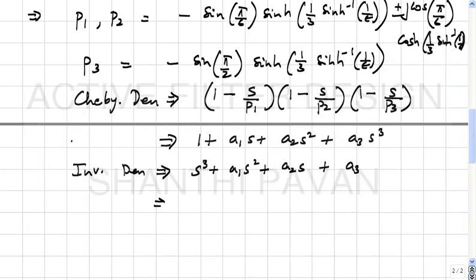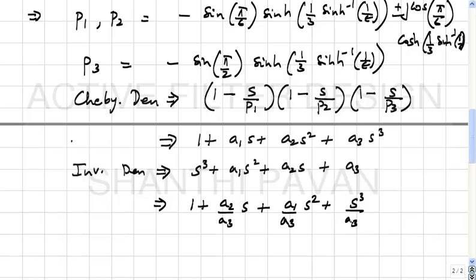You can divide throughout by A3 to get 1 plus A2 by A3 times s plus A1 by A3 times s square plus 1 by A3 times s cube. The idea is that the denominator evaluated at DC reduces to 1. If you put the numerator also in the same form, then the DC gain will be 1.